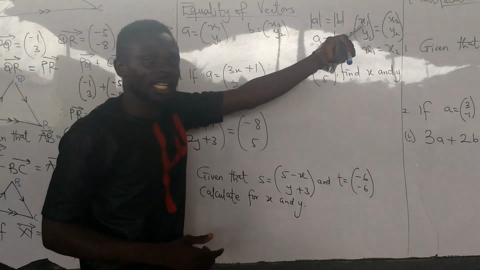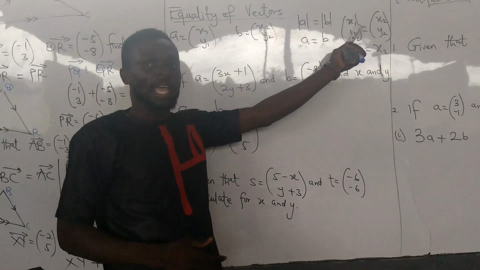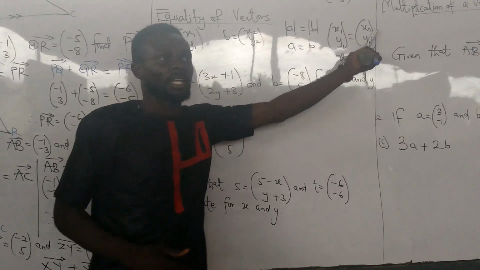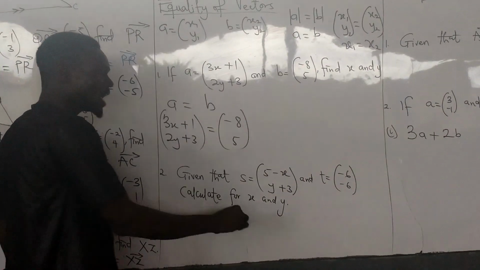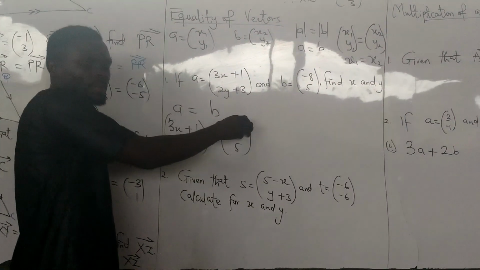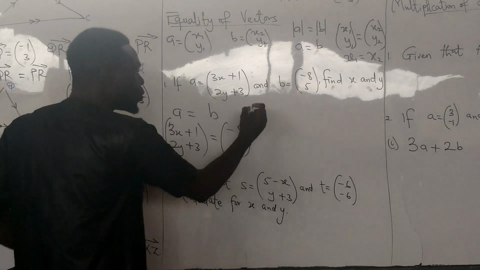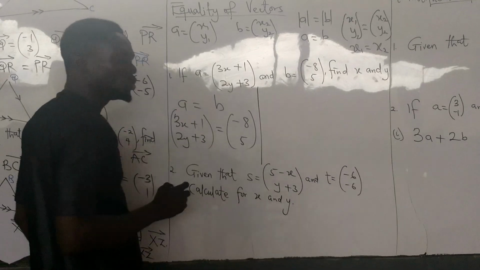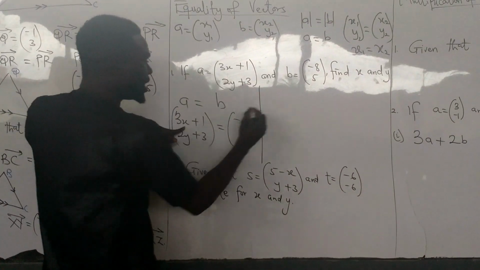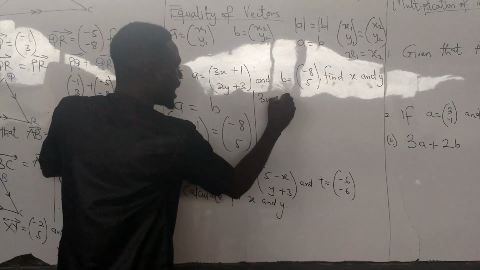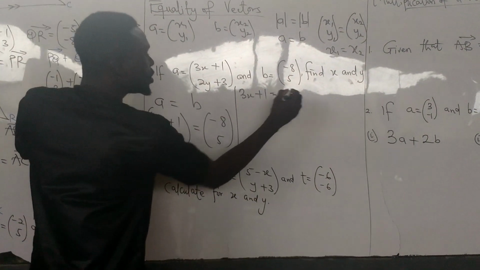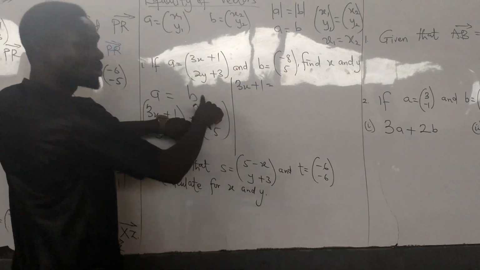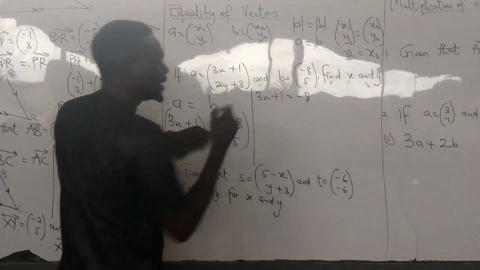From the explanation here, the x1 component is equal to the x2 component. So this x for vector A is the same as this x for vector B. So we are going to equate them to find the unknown. We are going to say 3x plus 1, which is the x component for A, is equal to the x component of B, negative 8.